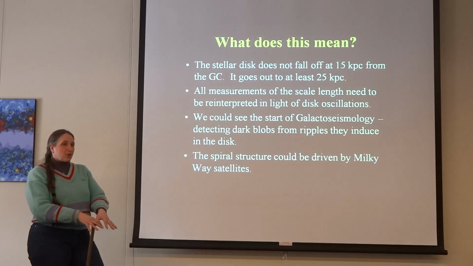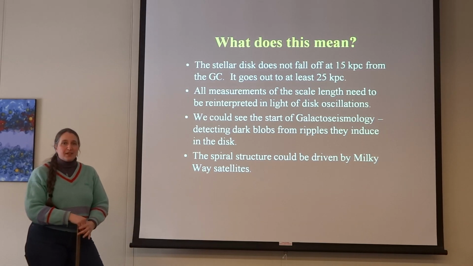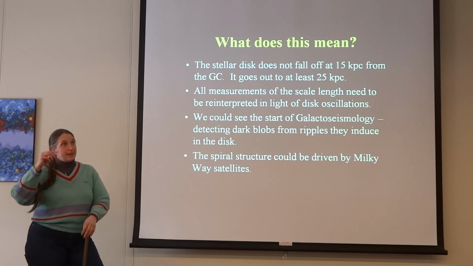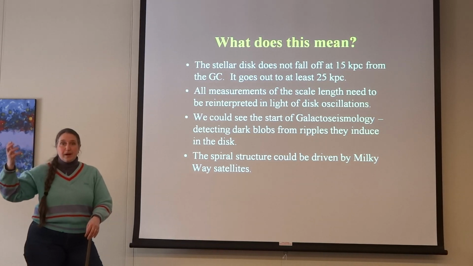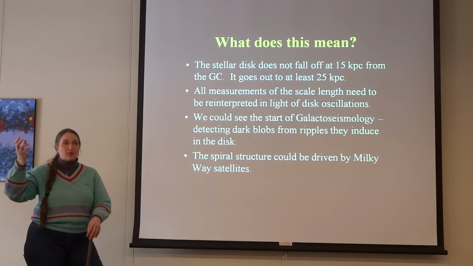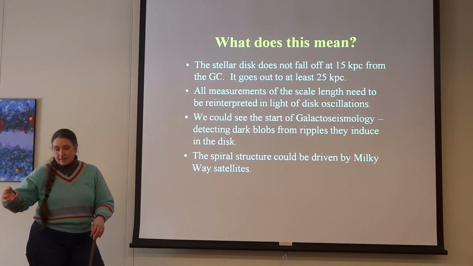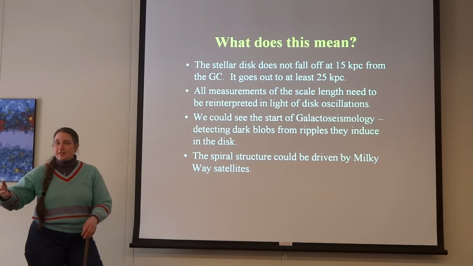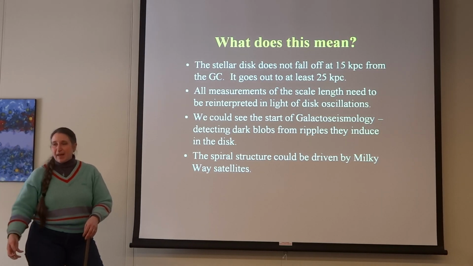And then you ask the question, what could possibly be causing the disk to go up and down? What we think could be causing it, from other papers in the literature in the last several years, is that there are dwarf galaxies, or possibly even dwarf-galaxy-sized masses that don't have stars in them, so dark matter, that are passing through the disk, and just like a pebble hitting the water, little waves will be induced in the disk from this mass passing through it.